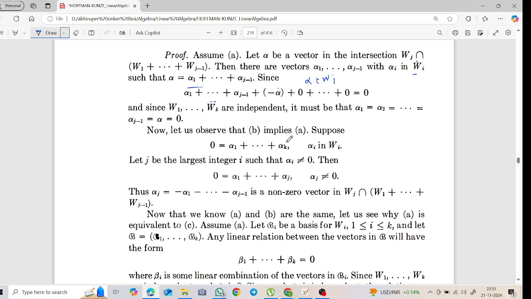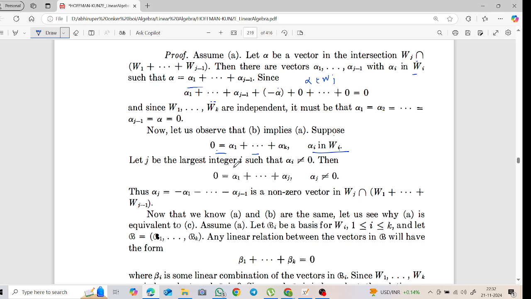Now, let us observe that B implies A. Suppose alpha i is in Wi. Okay. So, suppose this is the sum. Okay.